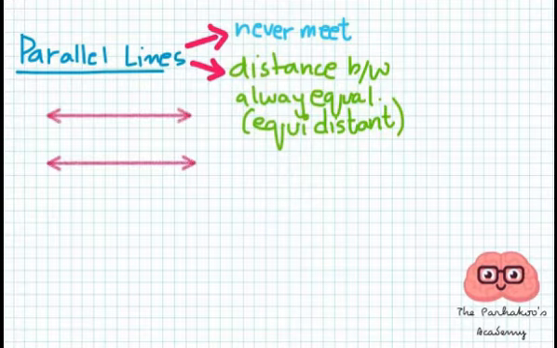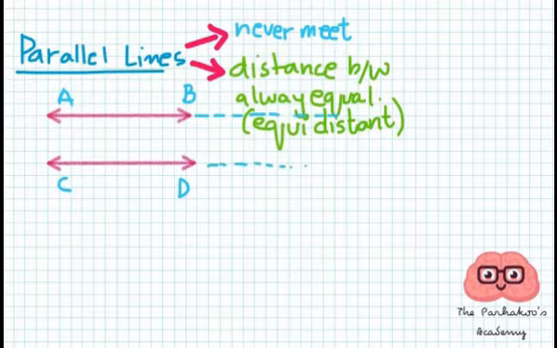Let's suppose two lines. Now, if you observe these two lines, they never meet, no matter how long I extend them. Wherever you measure the distance between these two lines, it will always be equal. So these are the parallel lines.